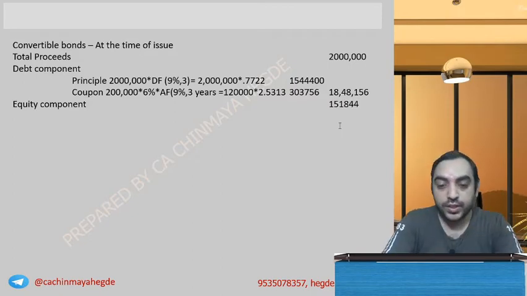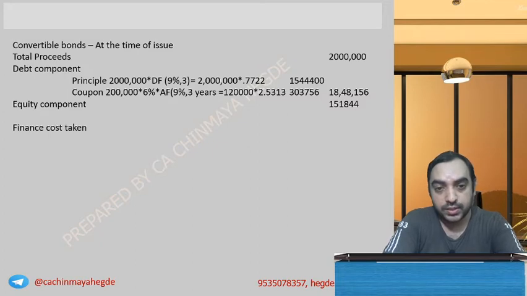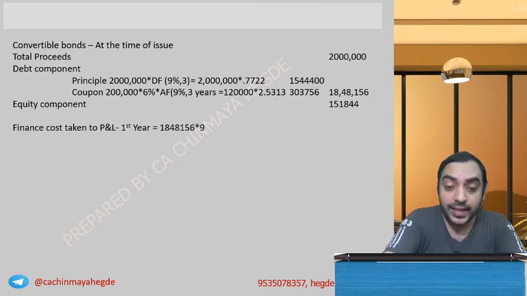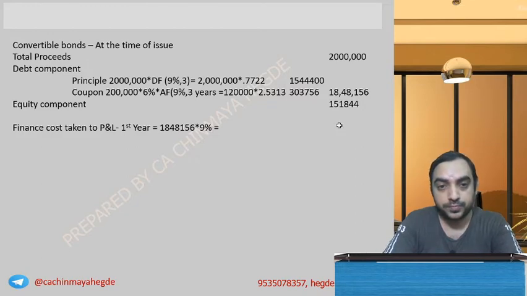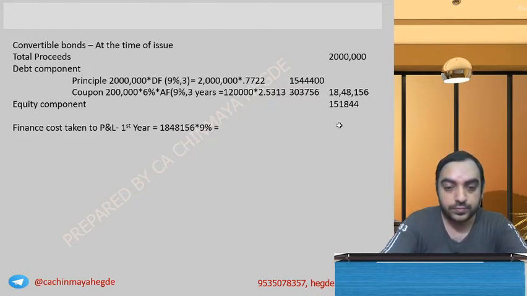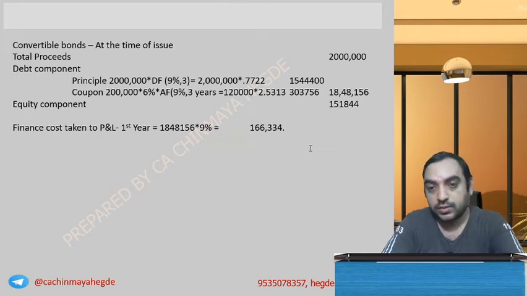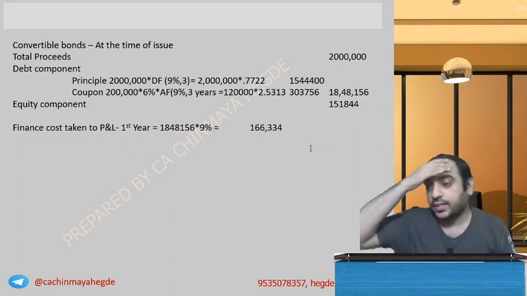So the finance cost taken to P&L in the first year is on 18,48,156 multiplied by 9%, which is 1,66,334.